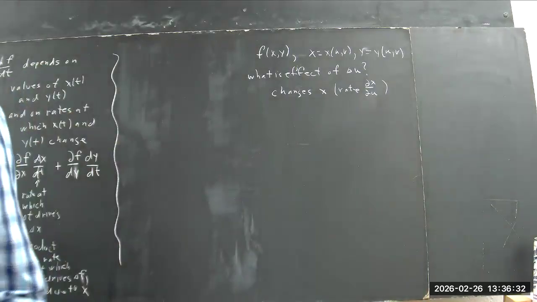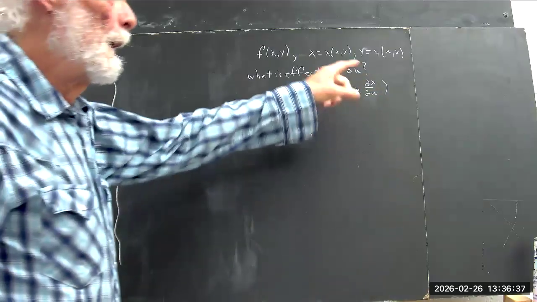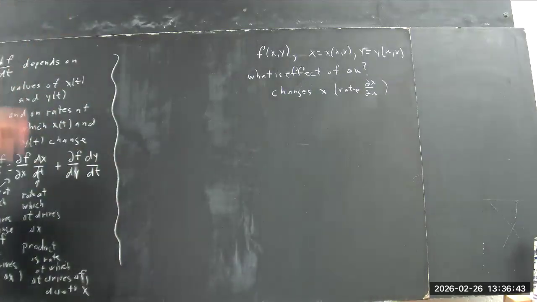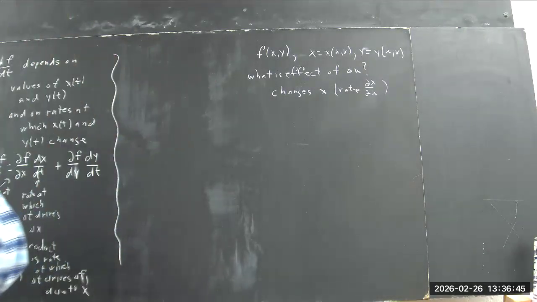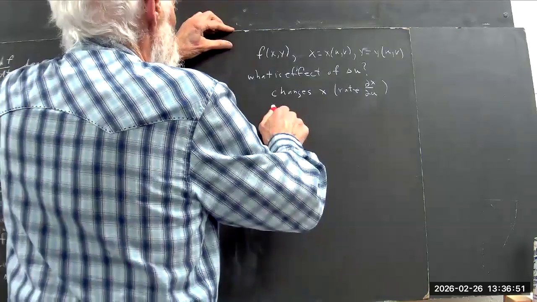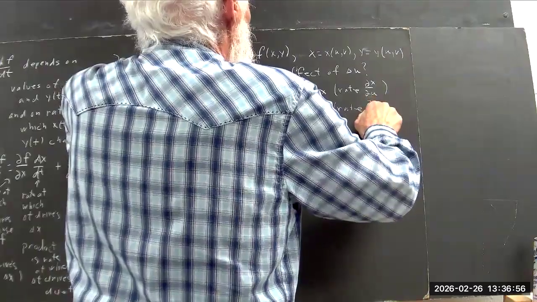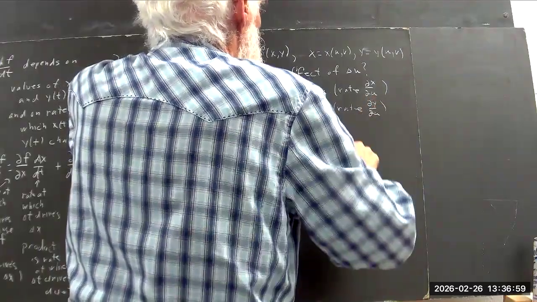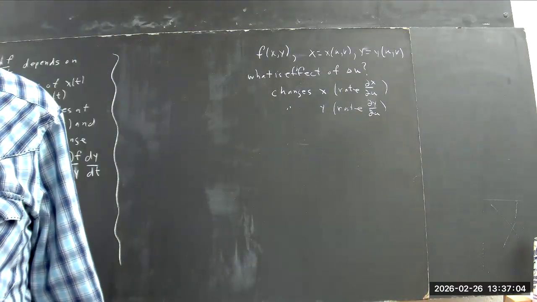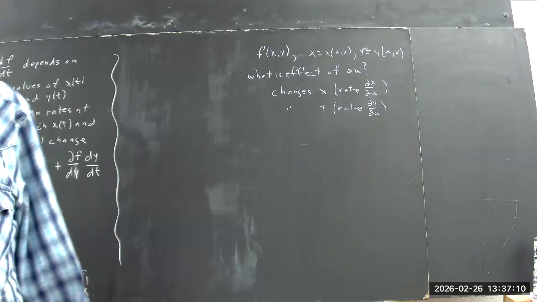It's not dx du, it's a partial, because now x is a function of two variables, whereas previously we had x and y as functions of just one variable. It changes x at this rate, and changes y at the rate partial of y with respect to u. That makes sense?